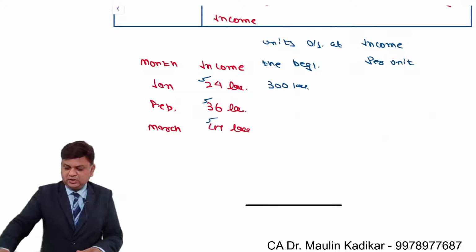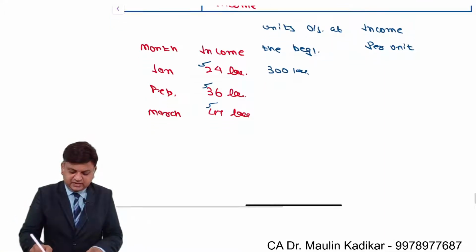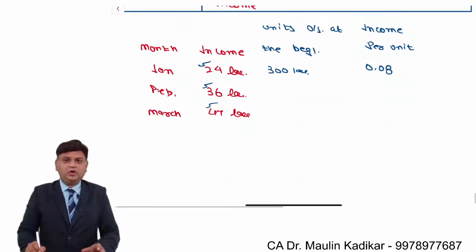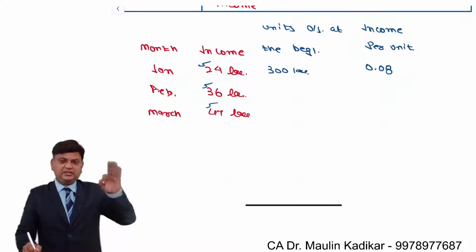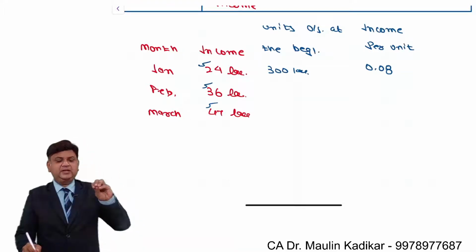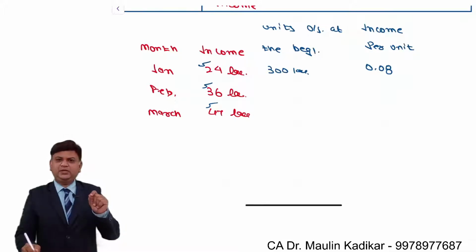Use your calculator, 24 lakhs upon 300 lakhs. The unit holders at the January beginning are 300 lakhs, and the income of January is 24 lakhs. So per unit it comes to 8 paise.